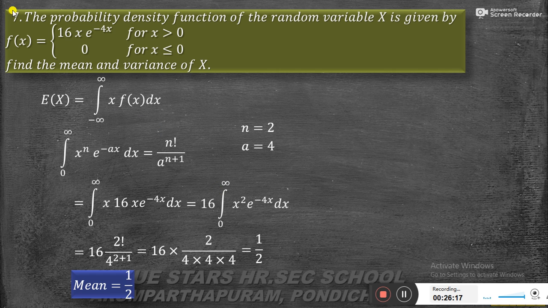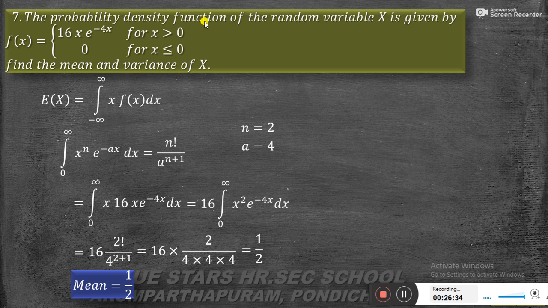Now the probability density function of the random variable x is given by f of x equals 16x e power minus 4x for x greater than 0, and 0 for x less than or equal to 0. Find the mean and the variance of x. So here we will calculate the mean and the variance.